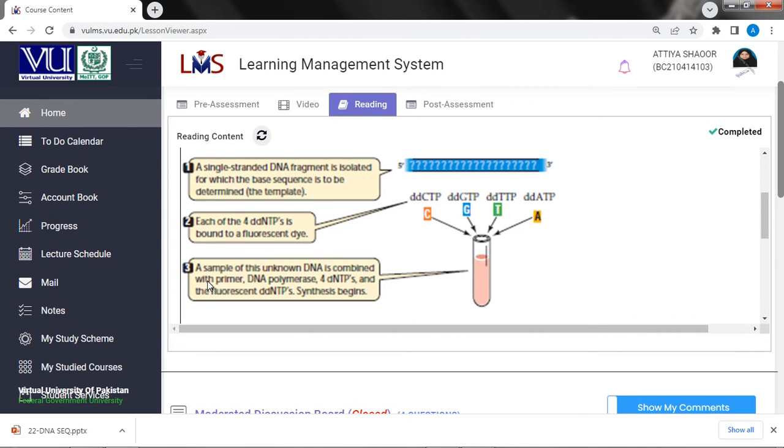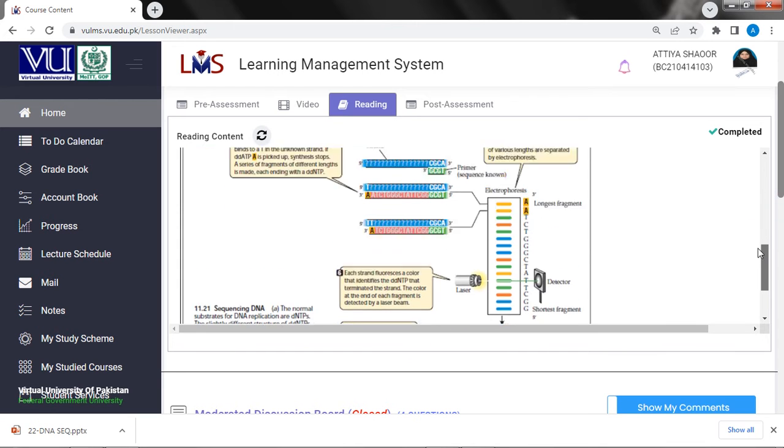A sample of this unknown DNA is combined with primer, DNA polymerase, dNTPs and the fluorescent dideoxy NTPs, and synthesis begins.